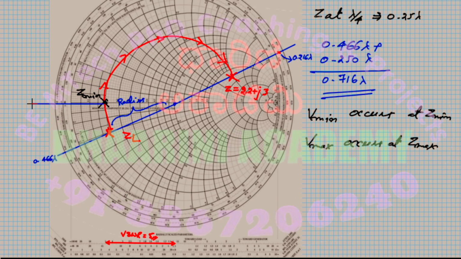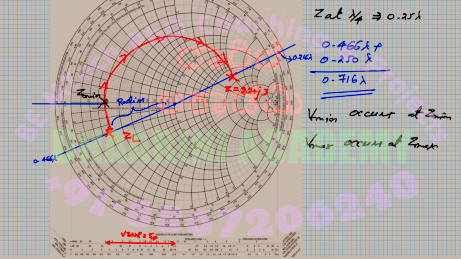That's all. Now, from ZL to Z min, what is the distance? You have to move in the clockwise direction towards the generator.